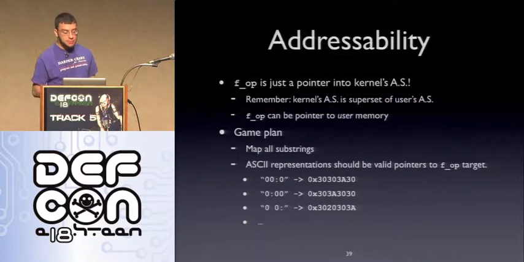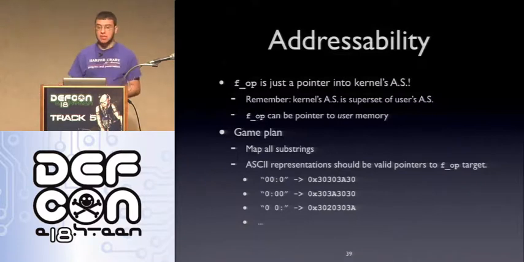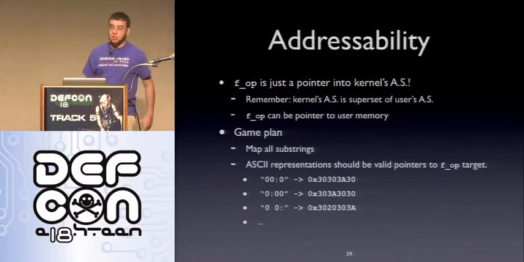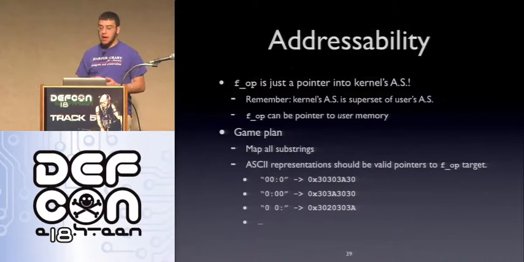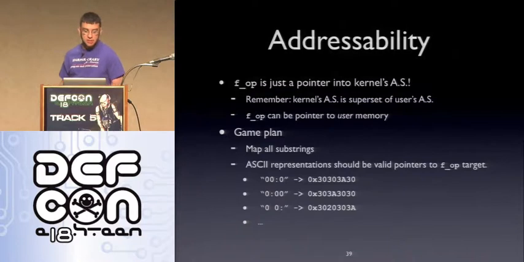What's interesting is that the kernel's address space is a strict superset of the user's address space on x86. And so it would be okay if FOP was a pointer into user memory. It doesn't have to be a pointer into kernel memory.